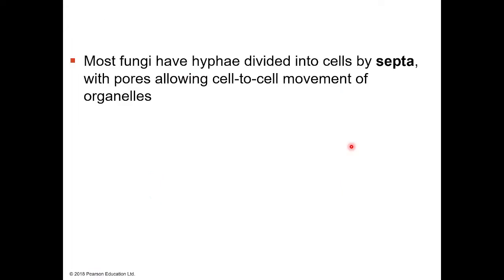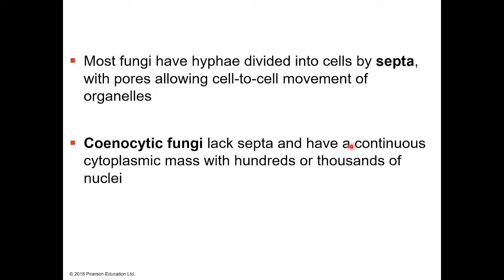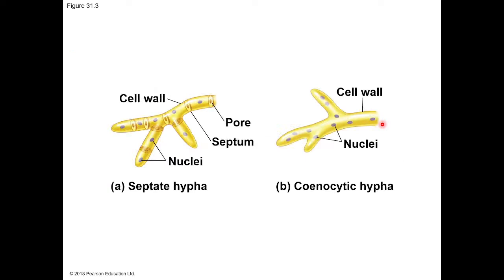Most fungi have hyphae divided into cells by septa, with pores allowing cell-to-cell movement of organelles. Coenocytic fungi lack septa, and they have a continuous cytoplasmic mass with hundreds or thousands of nuclei. These are two kinds of hyphae.